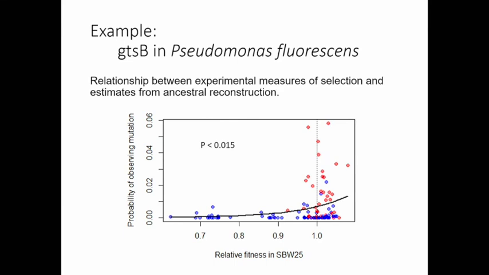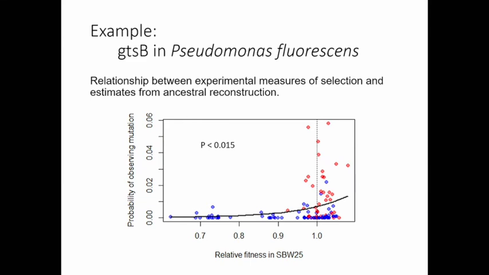Okay, and then just another example. We're just starting to do this also with Pseudomonas fluorescens, comparing to the Pseudomonas fluorescens experimental data set too. So we've built a phylogeny of Pseudomonas strains in the same way and then tabulated the numbers of substitutions across that for the gtsB gene, the gene of interest.